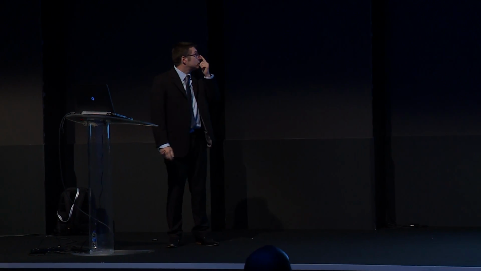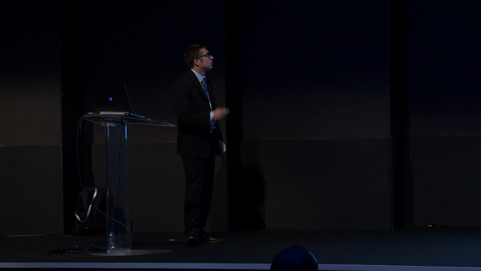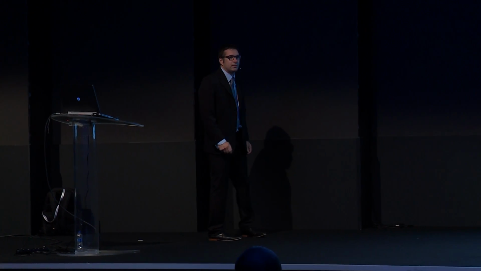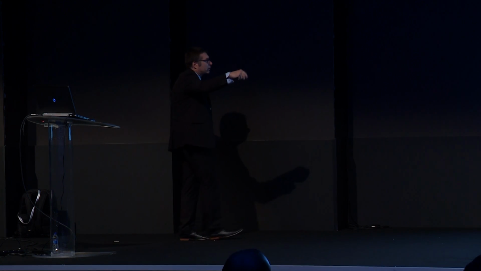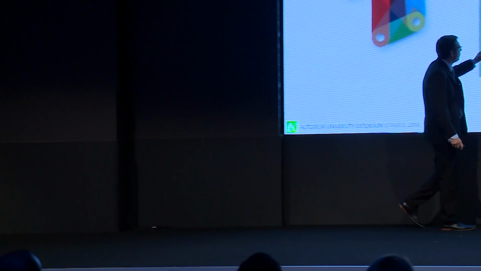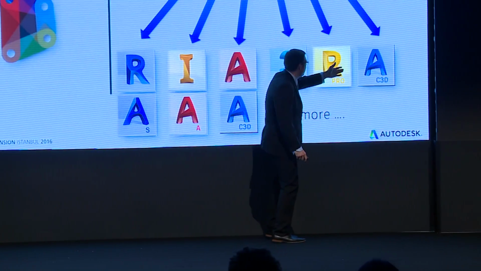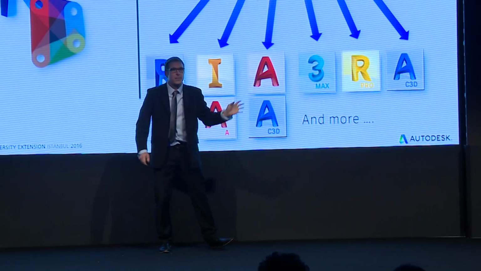Okay, the topic today is to talk only about Dynamo for Revit. That's it. But you need to be aware that Dynamo Studio already exists. Dynamo Studio can talk with other Autodesk software like Revit, Inventor, AutoCAD, 3ds Max, Robot, Civil 3D, and others.